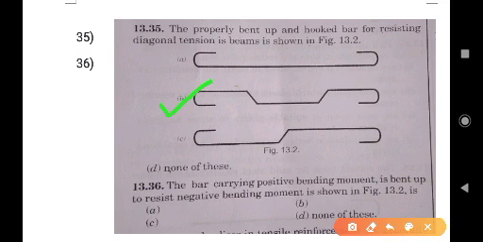Question number 36. The bar carrying positive bending moment is bent up to resist negative bending moment is shown in 13.2. For this condition we use this type of bar, option C. So question number 35 answer is B, question number 36 answer is C.